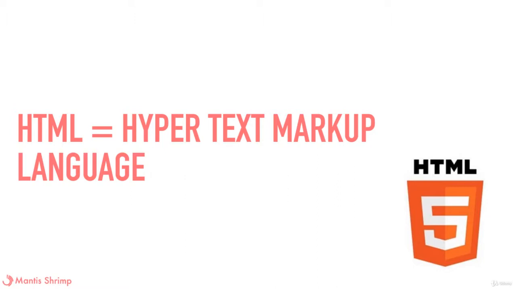And that is really what we are doing in HTML. We are applying tags to pieces of information, to elements, to just give the browser information on how to render them on the web page.